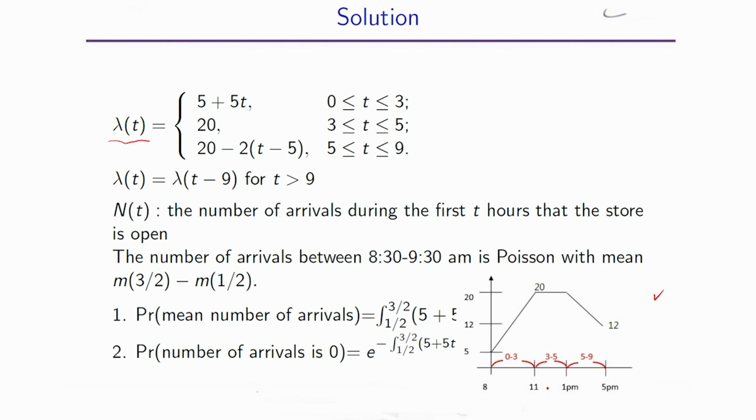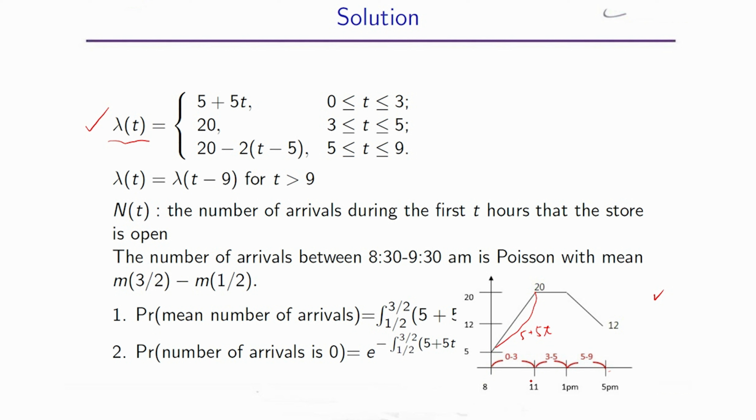And from 11 to 1, the rate remains constant at 20, right? And it drops from 20 to 12, from 1 p.m. to 5 p.m. So that would be λ(t). So this would be 5 plus 5t, where t goes from 0 to 3, right? 0 means time 0, which means the day starts at 8 a.m.